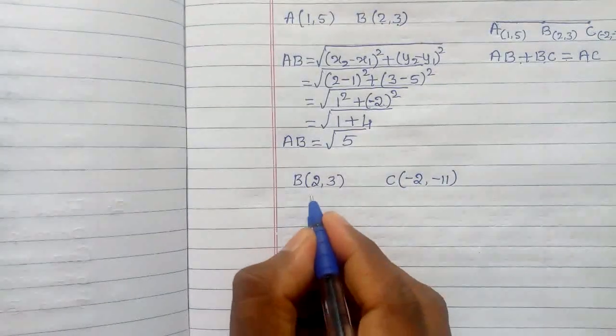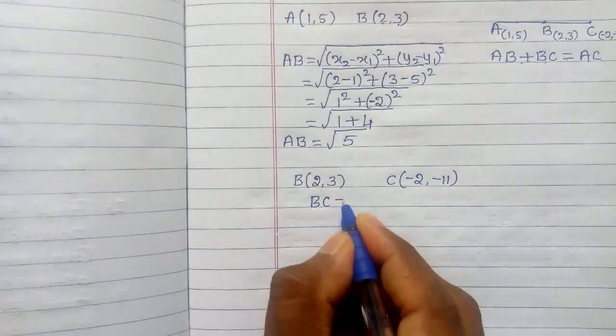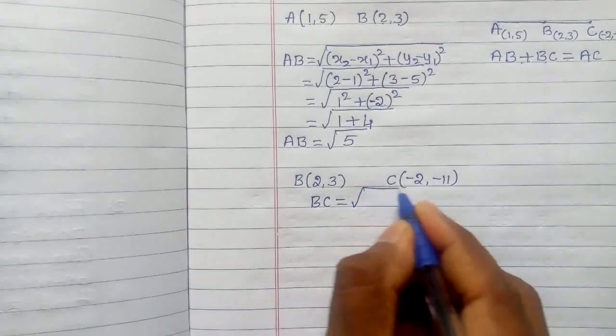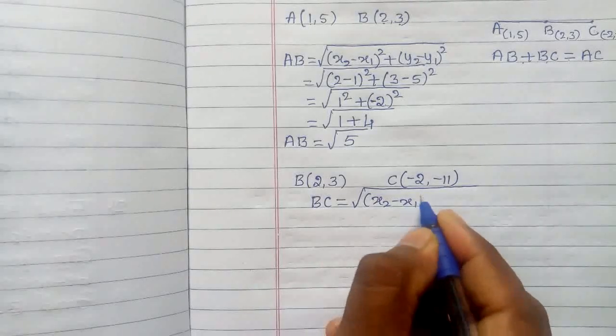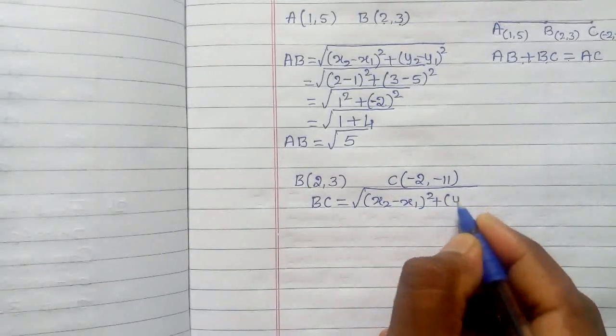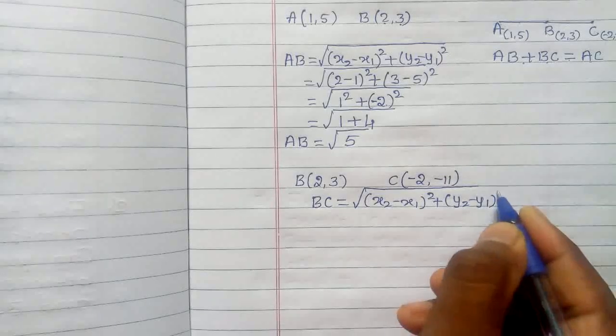Then we have to find the distance between these two points, BC. We know the formula: square root of (x2 minus x1) whole square plus (y2 minus y1) whole square.